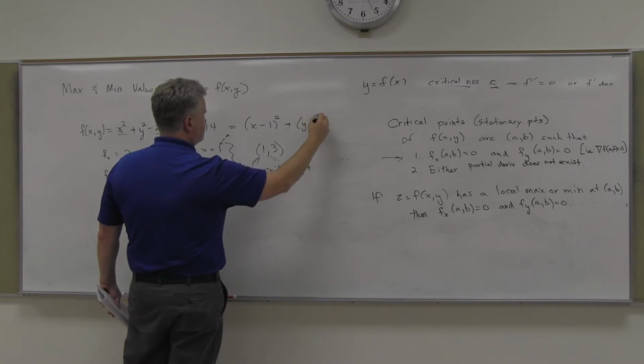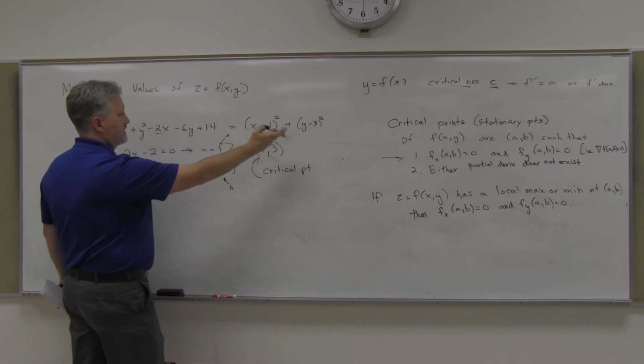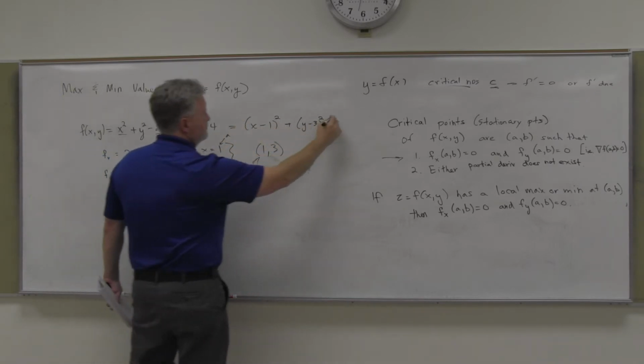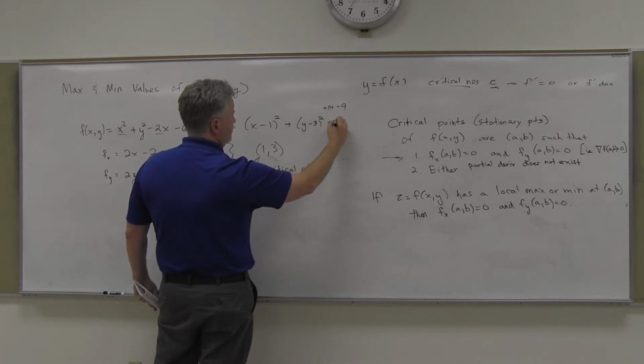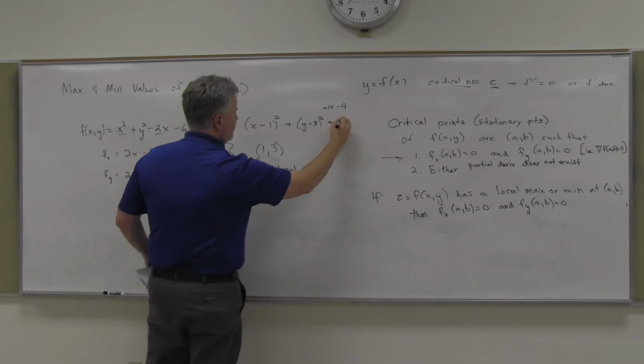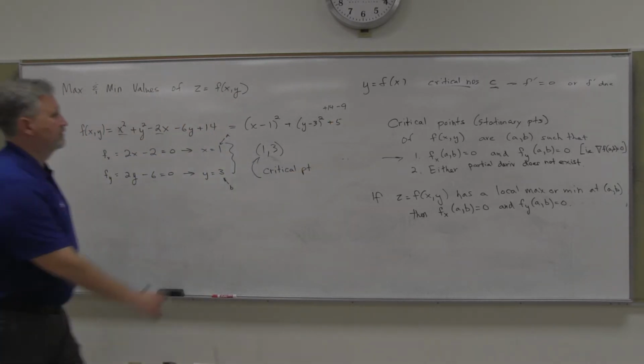So if I do that, I wind up adding 1 and 9, and then so it's got to subtract. That's plus 4. Is that right? Oh, minus 10. That's right.